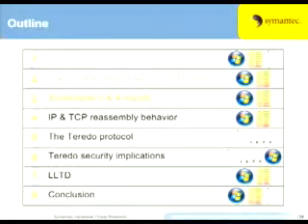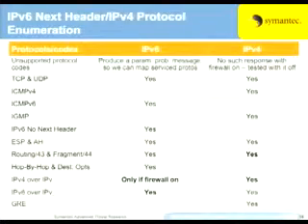Okay, now going to some of the layer 3 and 4 results. One of the first things you might do when you're presented with a new network stack is to do scans and protocol enumerations, and that's what we did for Vista. Looking at an IPv6 protocol scan, the field is actually called next header in IPv6.